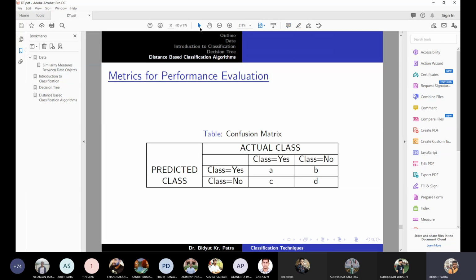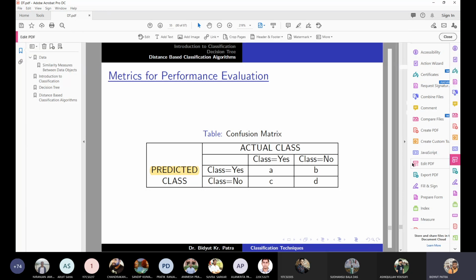The predicted class is what is predicted by the classifier. So whenever you see it row wise, that is predicted. Instead of yes and no, we can consider a positive class and a negative class.